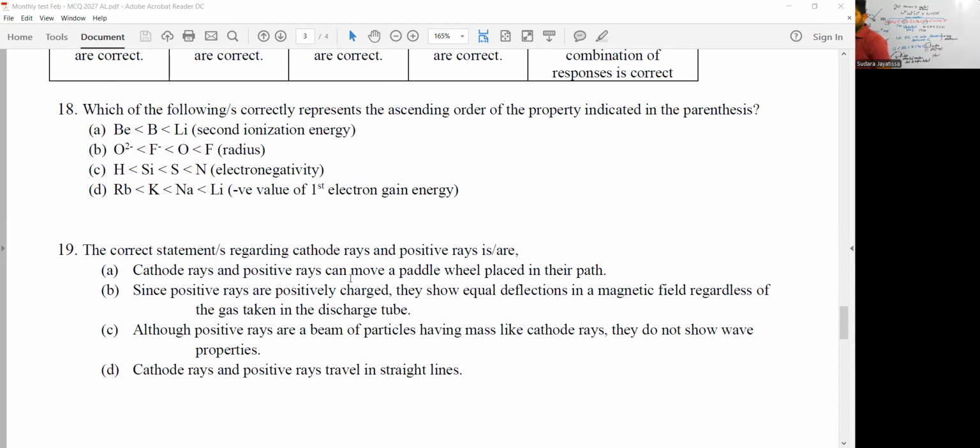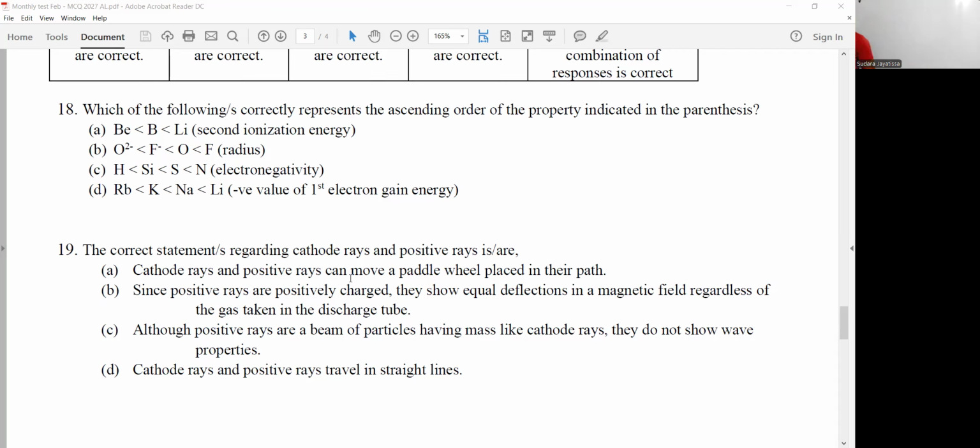Okay, go to question number 90. It's about cathode ray and anode ray experiments. Cathode rays and positive rays cannot move a paddle wheel placed in their path.